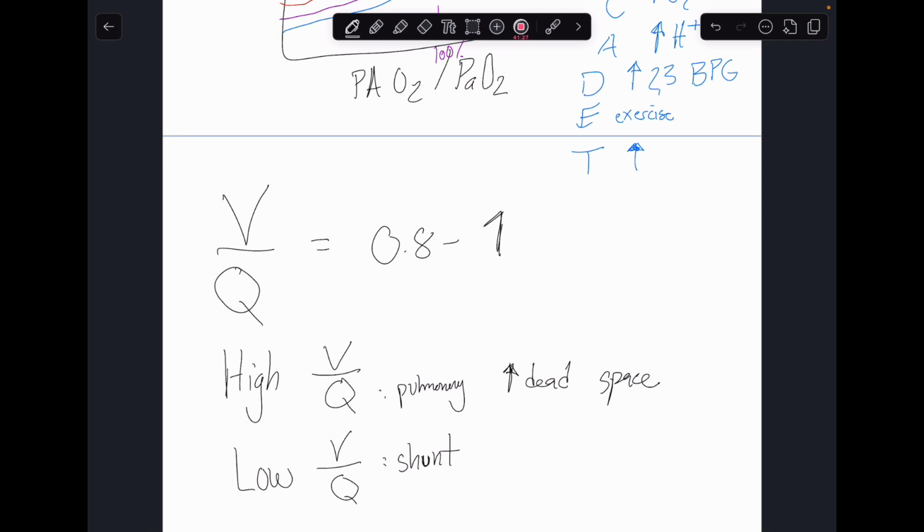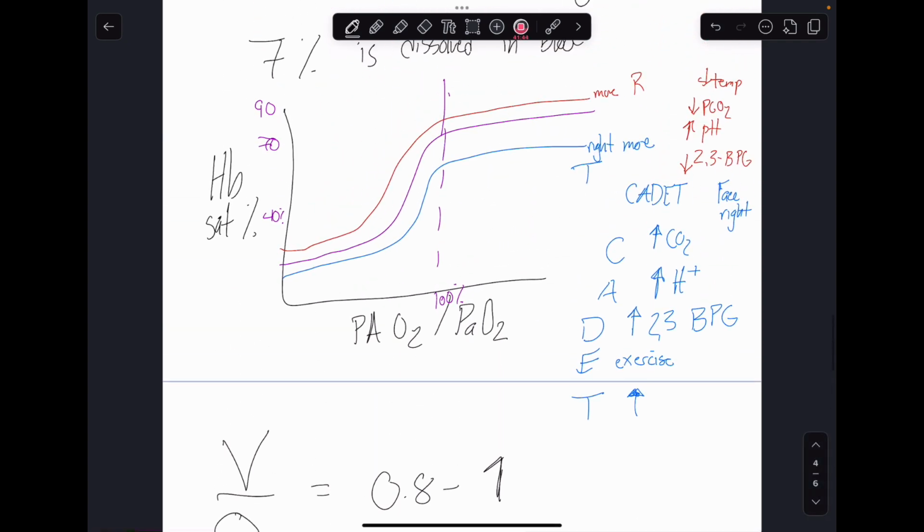Okay, so with this V/Q ratio, one more time. Sorry, I also missed something on here. So if we're shifting left, we'll be going alkalosis. It can make hypoxia worse, but if we're under acidosis, we can make the hypoxia better.